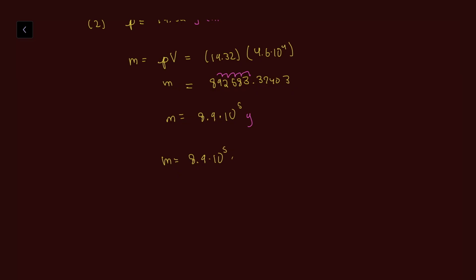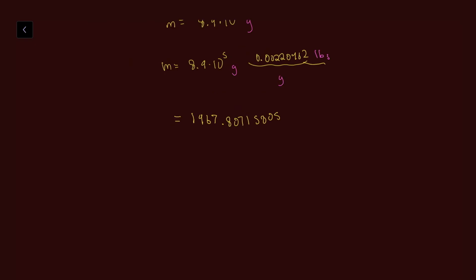Now, I had to Google this conversion ratio from grams to pounds, and basically 1 gram is equivalent to 0.00220462 pounds. And if you do that multiplication, you end up with the following number. Now, again, this should be rounded to two significant figures, which ends up being just 2,000 pounds.